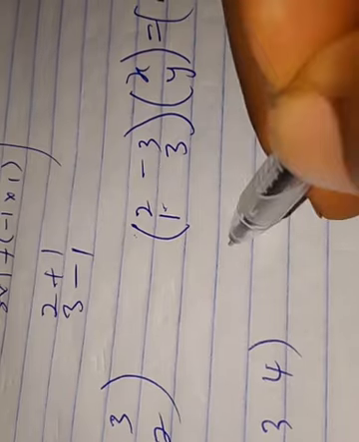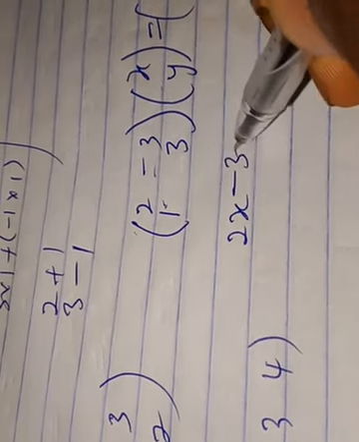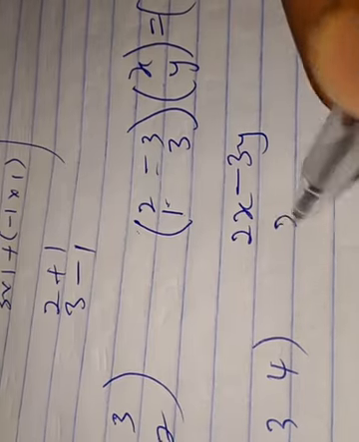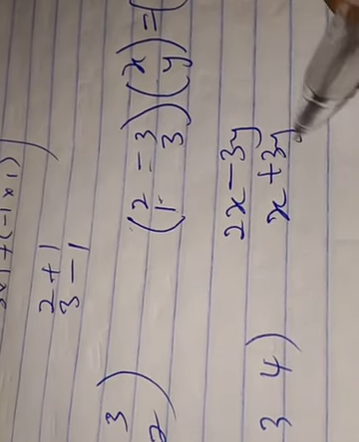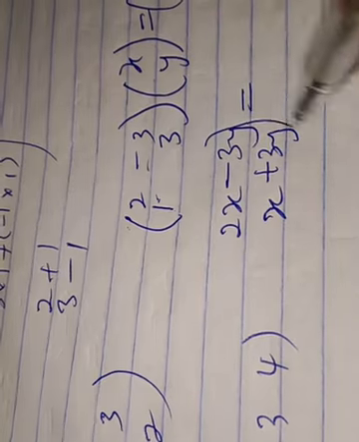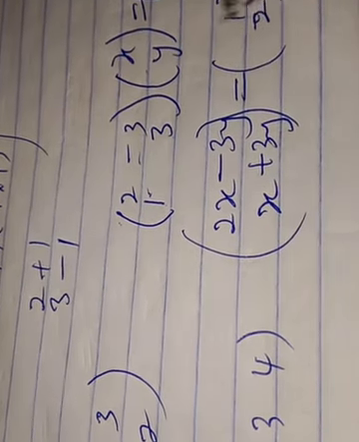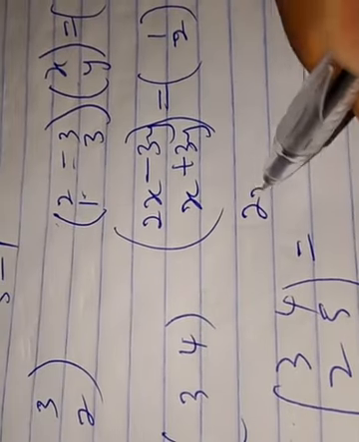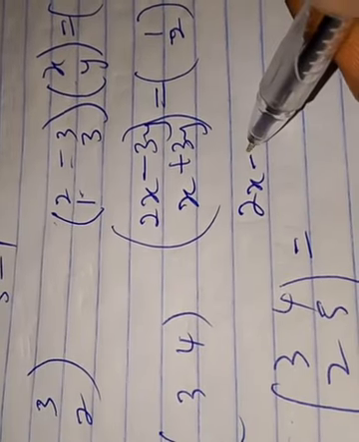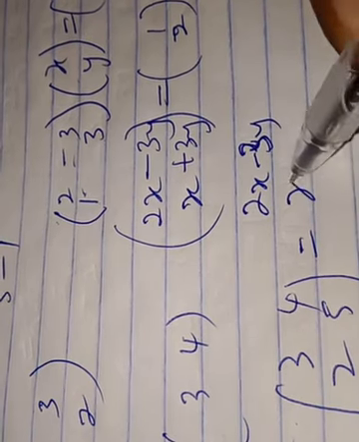2 times x is 2x minus 3y. 1 times x, which is x, plus 3y. So this is equal to 1, 2. We are going to compare what we have and break it into equations now.